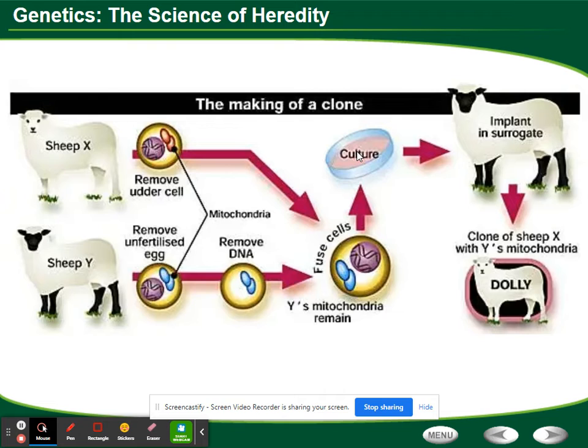You don't have bone or muscle or eyes or any kind of differentiation. They're just cells that are ready to divide. And they put that into a surrogate, a sheep that's going to then carry the fetus to birth, and then you get the new sheep, and the new sheep named Dolly in this case has the genetic material of sheep X, but uses the egg and the surrogate mother of these two sheep, but it's identical to this sheep X right here.